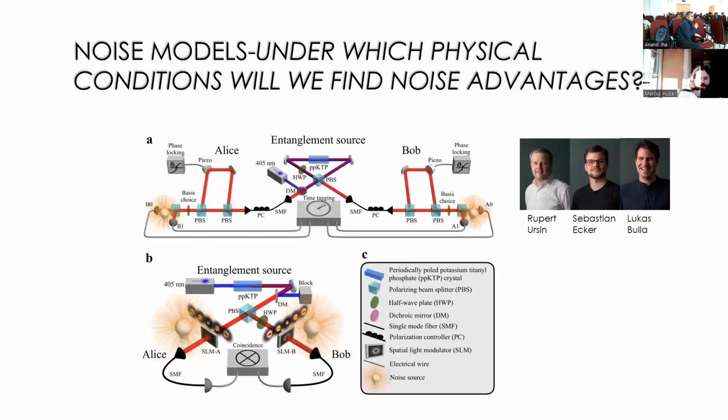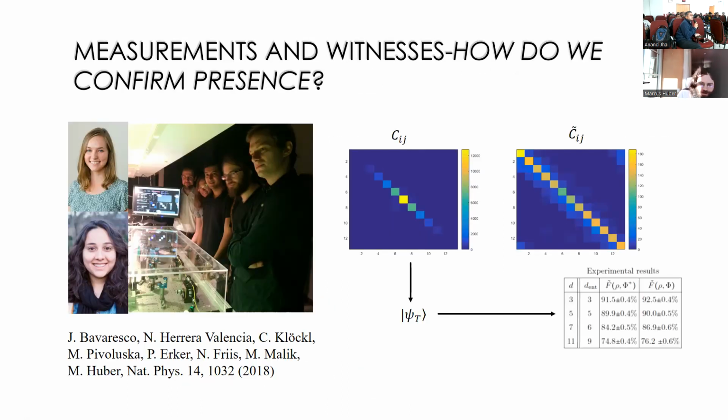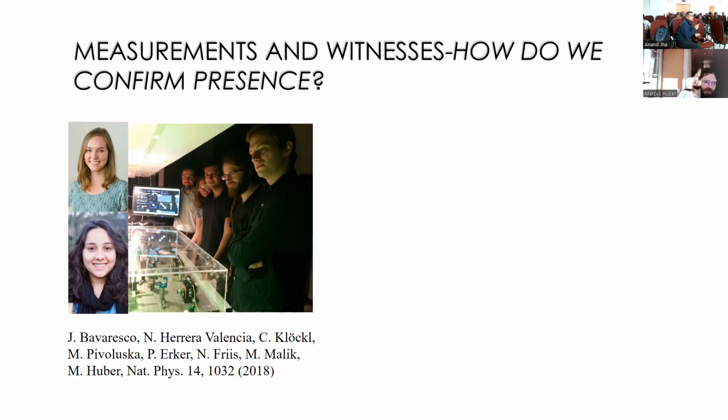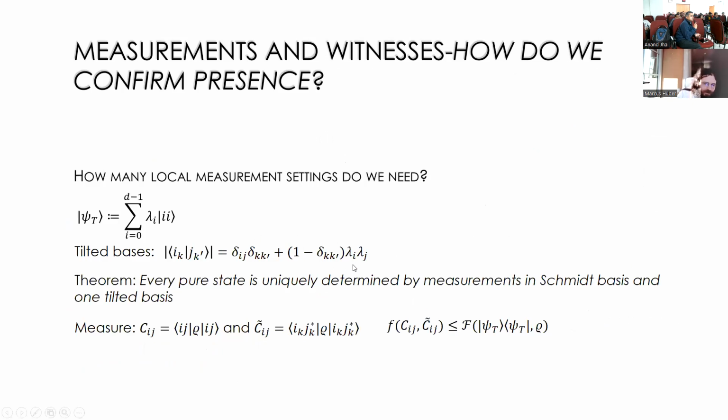And then just a clarification. So this tilted basis that you were talking about on the last slide, is that a mutually unbiased basis or not? The tilted basis looks a little bit like a mutually unbiased basis, but the matrix of overlaps is not 1 over D, it can be a little bit skewed.